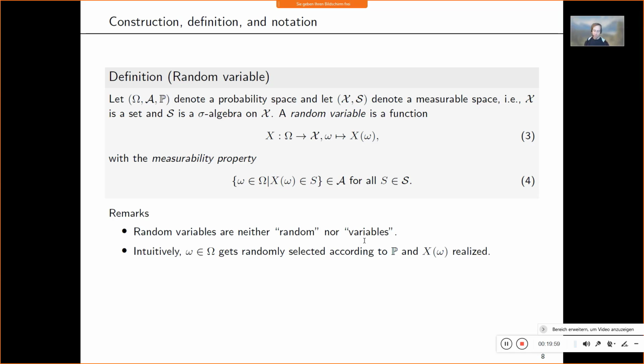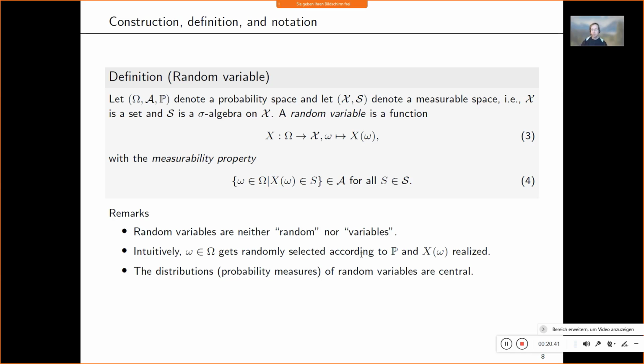So you can view this as a specific elementary outcome in the elementary outcome space being in a specific set, and this set has either high or low probability to be selected. And if you select an omega according to this probability and then map this omega onto X of omega, this is then your realization of the random variable. So depending on the underlying probability measure, you select also the values of the random variable.